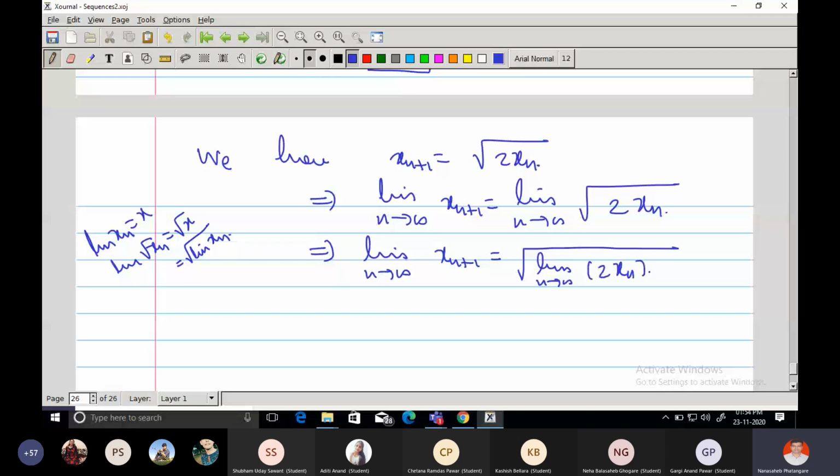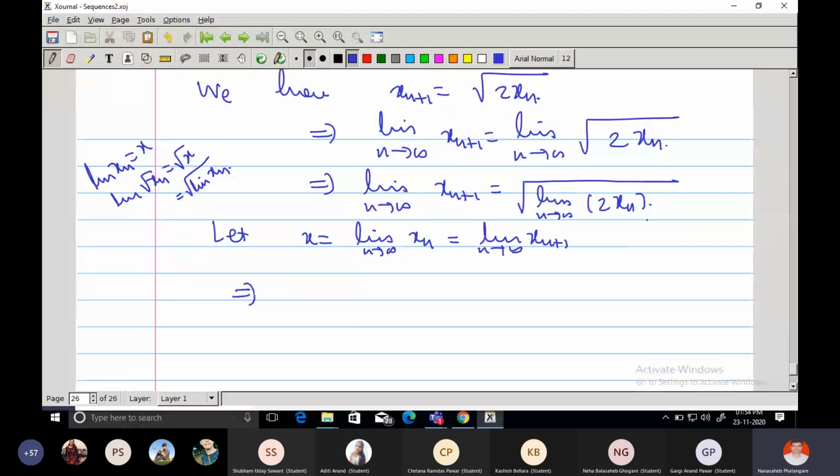Let x be the limit of x_n. That means it is also the limit of x_{n+1} because it is the same sequence. Correct? Therefore, from expression 1, what is the limit of x_{n+1}? It is x.